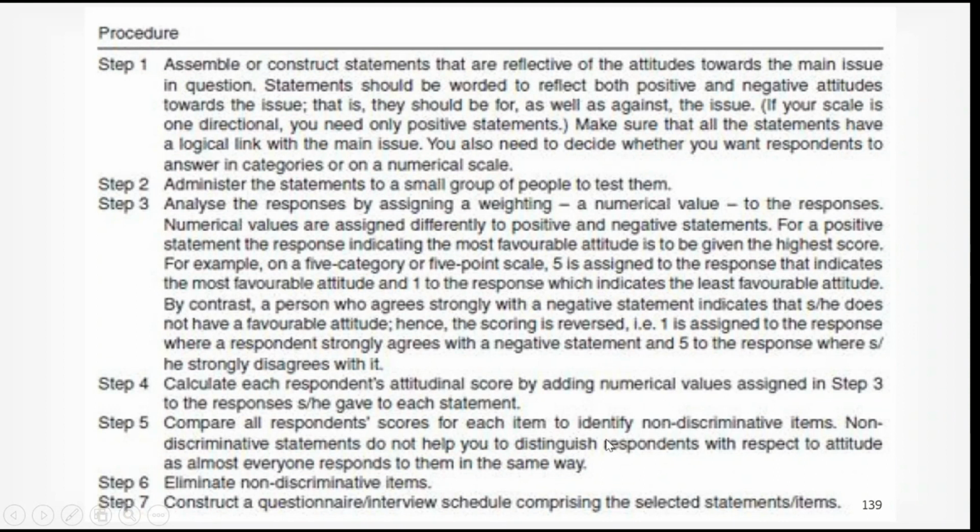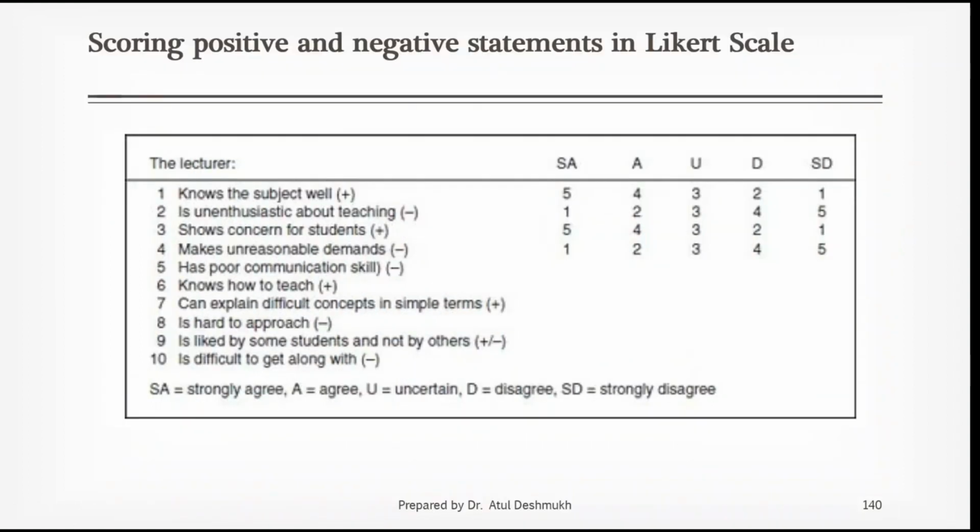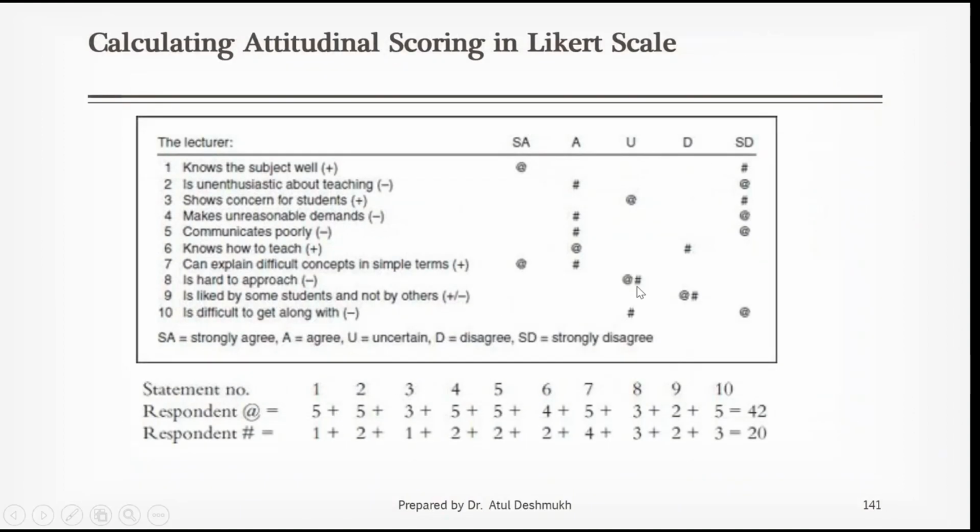Why do you want to cross-check? There is a reason. You have to identify non-discriminative items. Non-discriminative means there is no discrimination in attitude. What does that mean? Suppose there are two statements, statement number 8 and statement number 9.